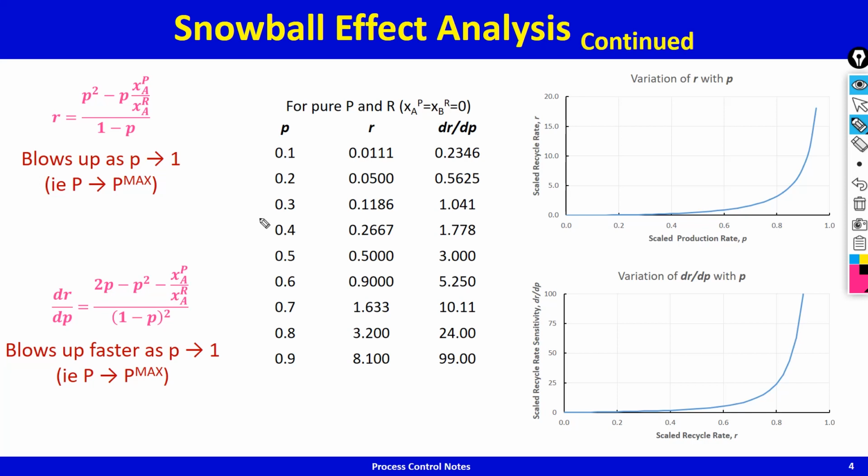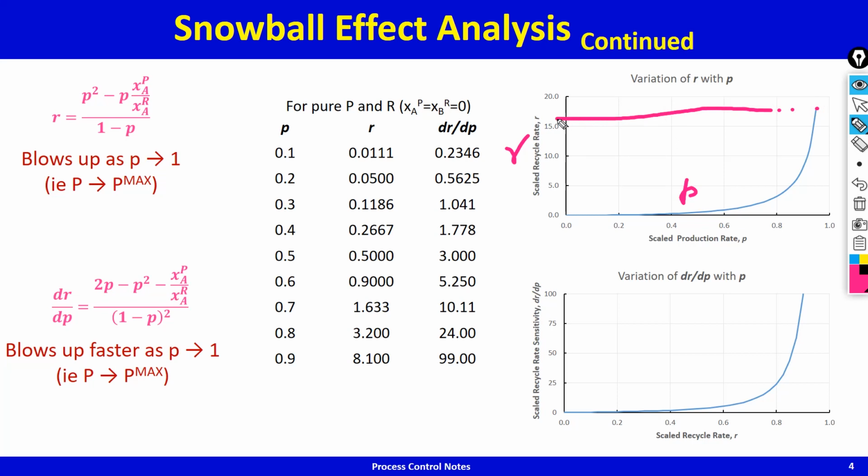So the first figure on top is variation of recycle rate R versus P, and you can see that at 95% of maximum production, we are probably around 18.